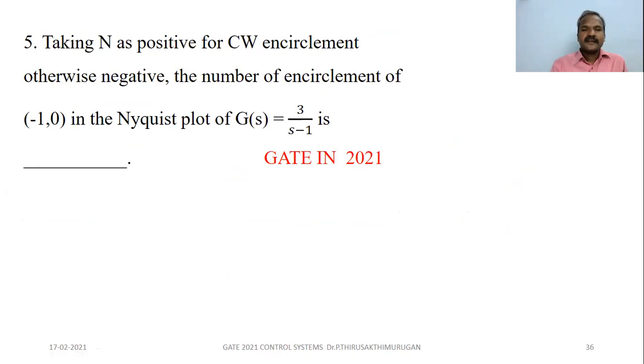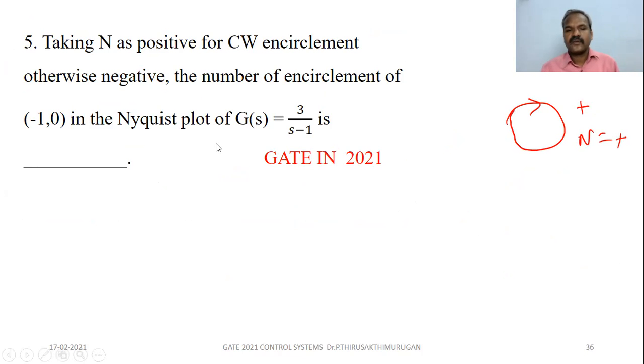The next question is: taking n as positive for clockwise encirclement, otherwise negative. Clockwise encirclement means positive, and counterclockwise means n is negative.